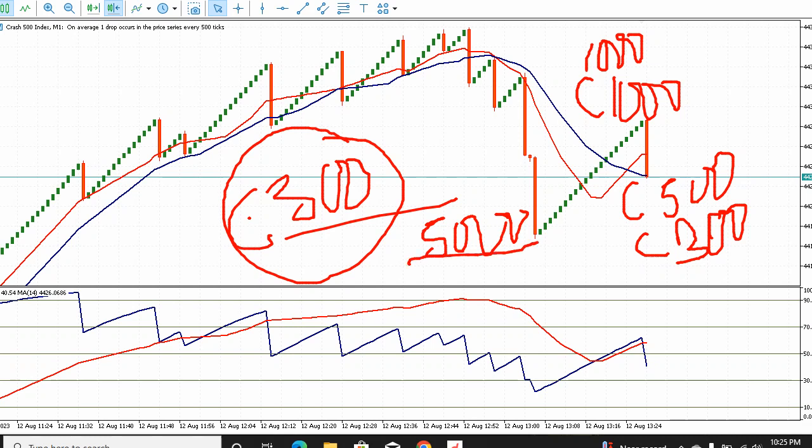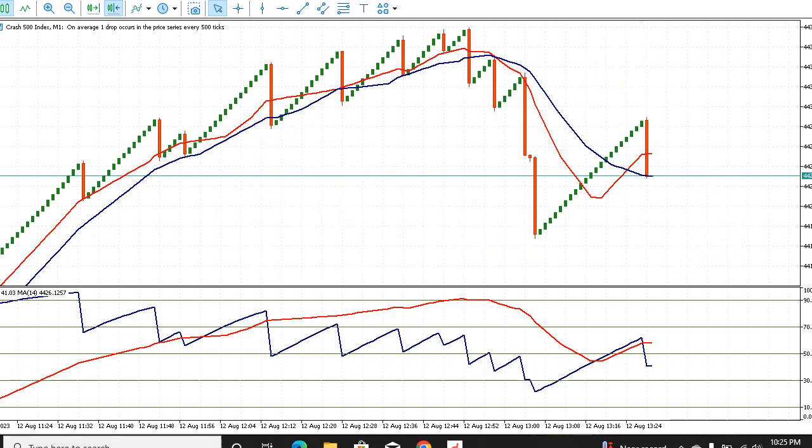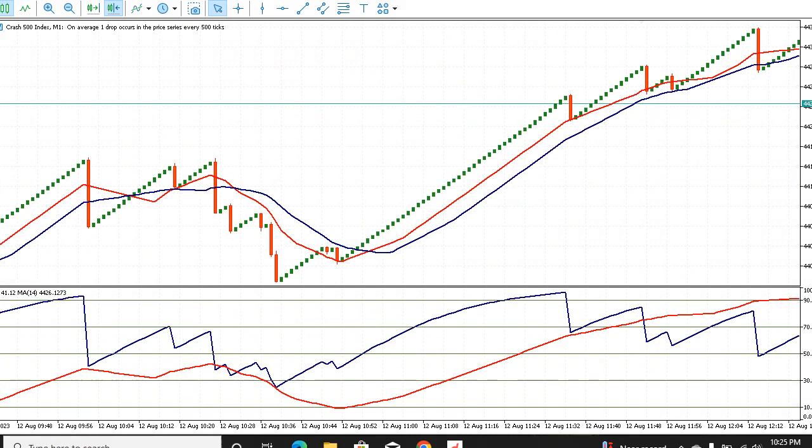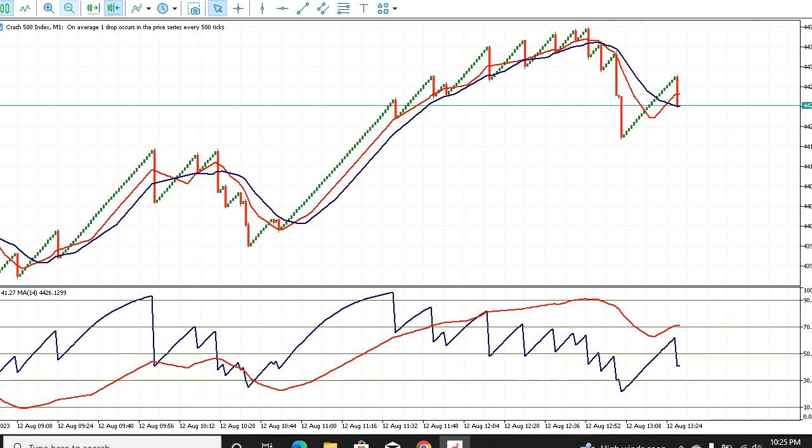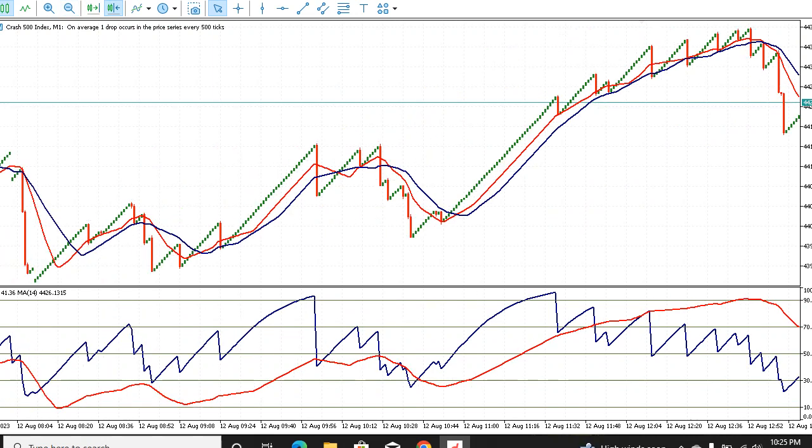You may lose more and also gain more. So what is my advice for you? Before you trade Crash 300, know that you know what you are doing. Don't just jump into the market thinking that you know it all, because you are going to lose out.